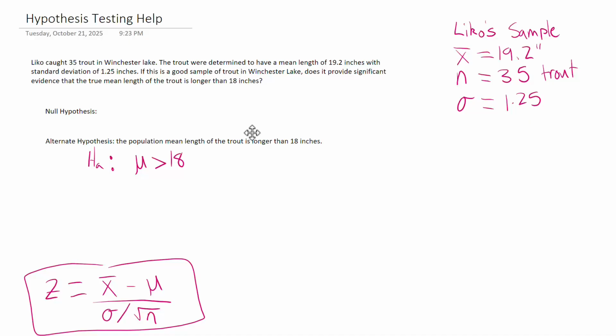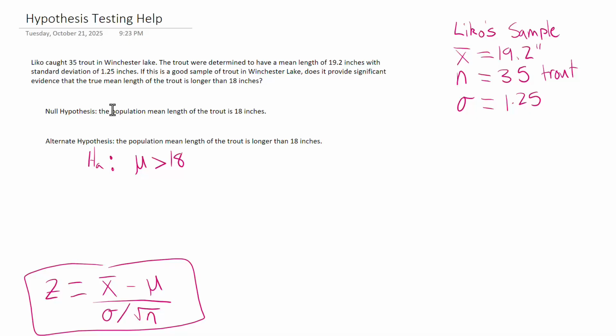Those are inequalities. Whereas your null hypothesis for this kind of hypothesis testing of a mean is going to have an equal sign. So the null hypothesis is simply that this is not true. And mathematically, that's equivalent to saying that the population mean length of the trout is 18 inches.